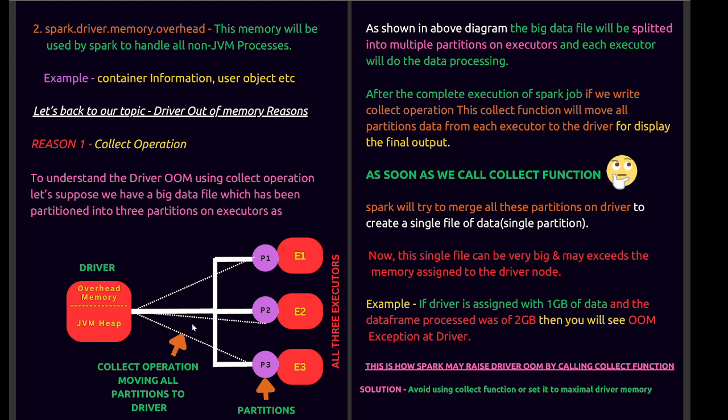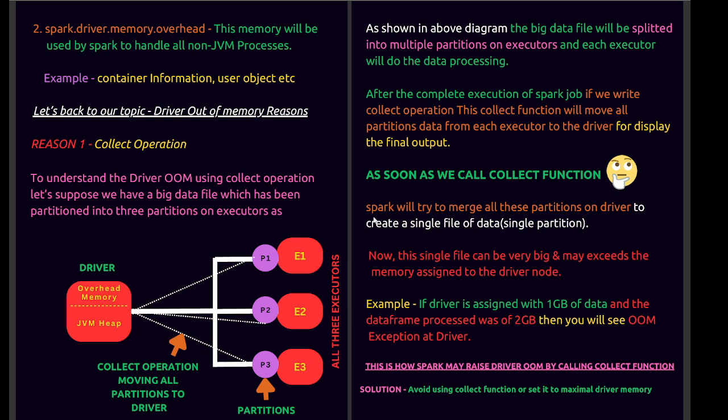Once we split this file into 3 partitions, these 3 partitions are going to be executed separately by each executor. Once this execution is completed, and if we write a collect operation within this Spark job, the moment you execute the collect operation, it will move all the partitions' data from each executor to the driver to display the final output.